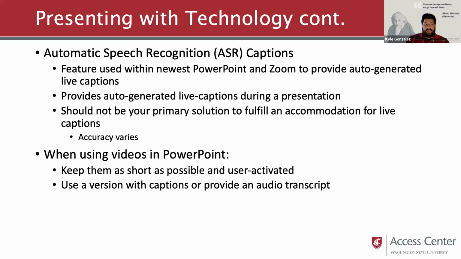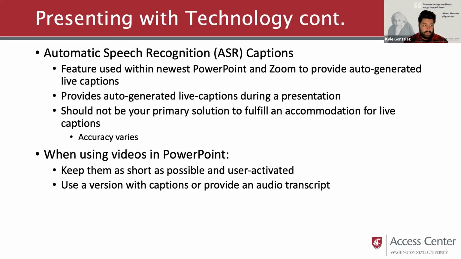However, it should not be your primary solution to fulfill an accommodation request, because as no doubt many of you have noticed, the accuracy isn't 100%. So if someone at your presentation is fully reliant on captions, they will miss some of the context or accurate information that you are providing simply because automatic captions are not 100% accurate.